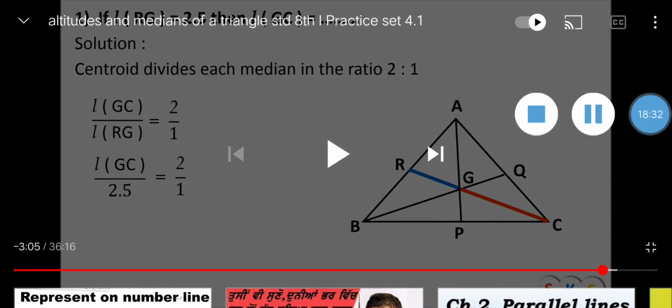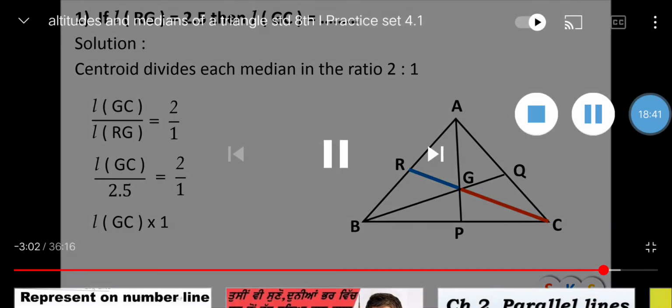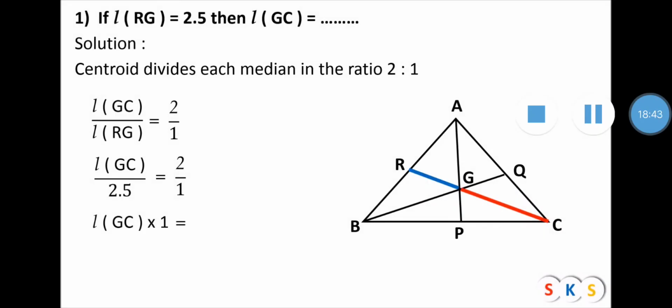So you have to write opposite to GC 2 and opposite to RG 1. Then we will substitute the values. Length of GC upon RG, value given 2.5, equals 2 upon 1. Then we will go for cross multiplication and we will find the value of GC, that is 5 centimeter.